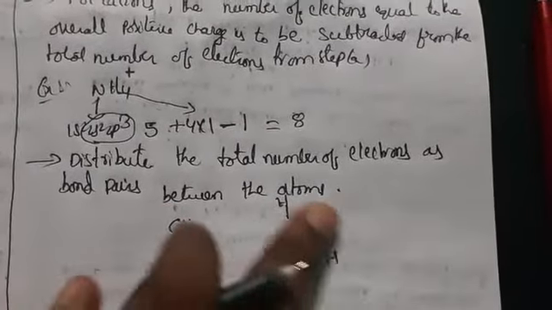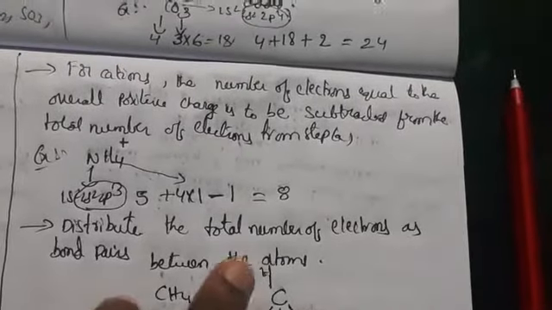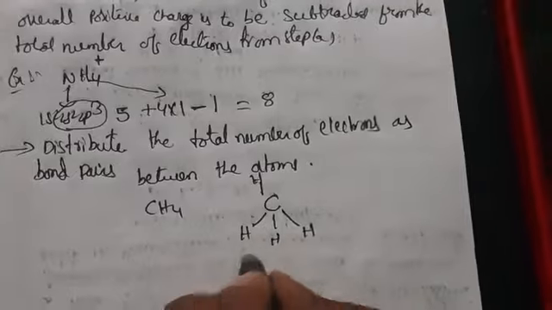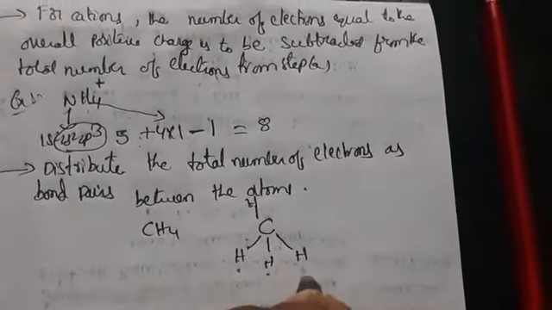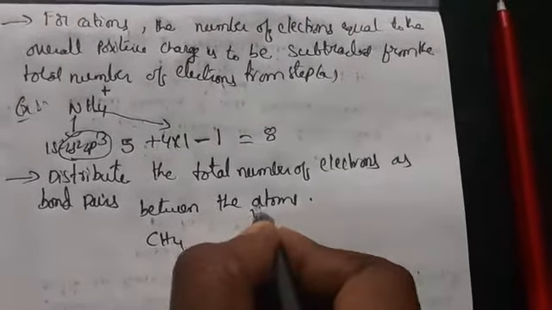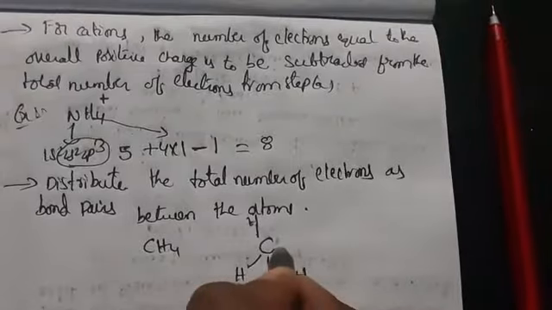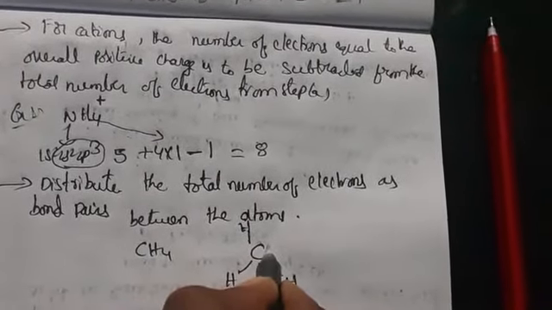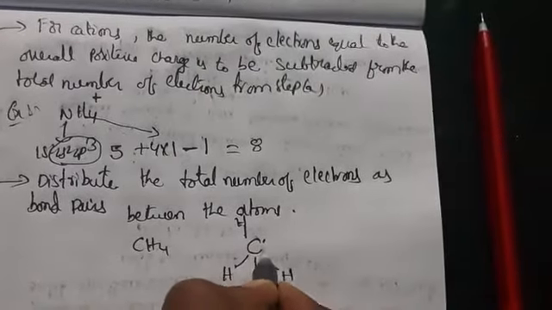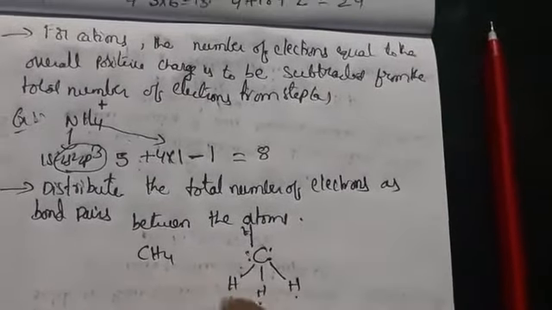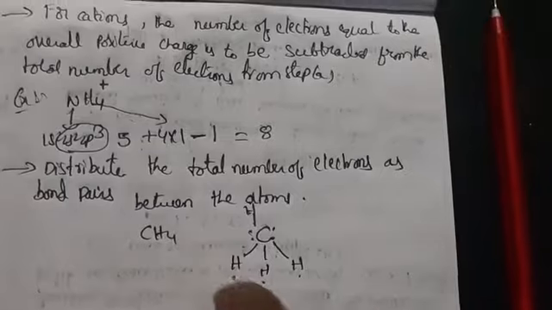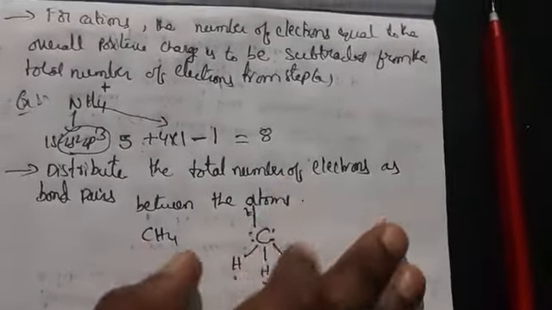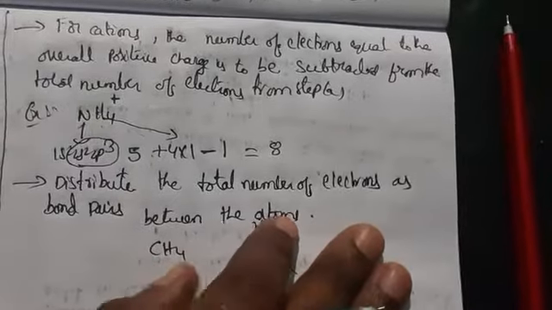So the total number of electrons, how many electrons have we got? 8 electrons. So hydrogen 1, 1, 1, so here total 4. Yes or no? For CH4 we are having 4 bond pairs like this. So this is the thing we are drawing.